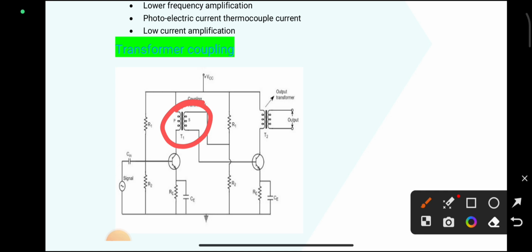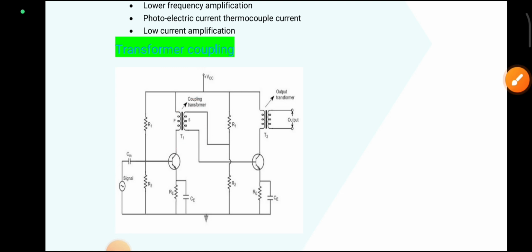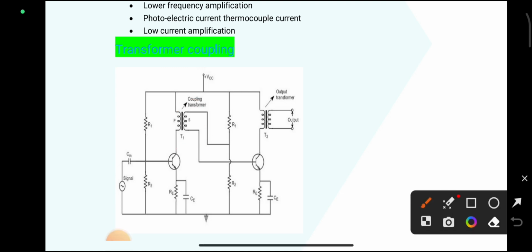So next, this is the connection. One terminal of the secondary coil is connected to the voltage divider bias circuit R1 and R2, and the other terminal is connected directly to the base terminal of the second stage transistor or second stage amplifier.